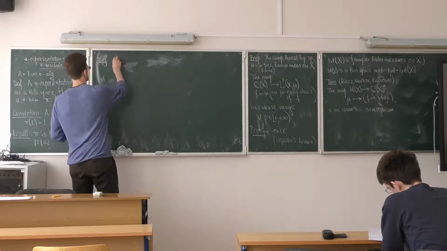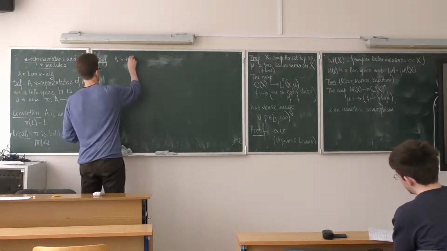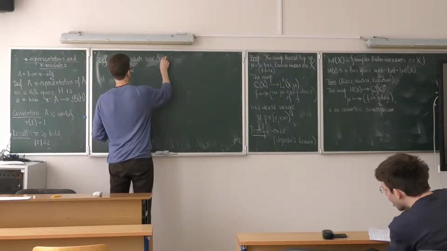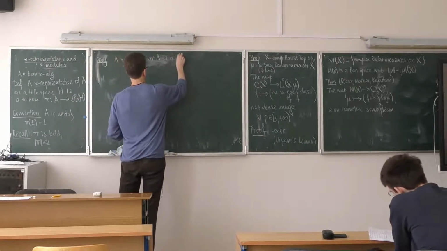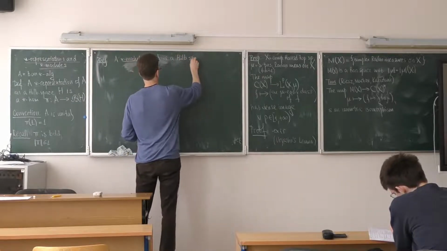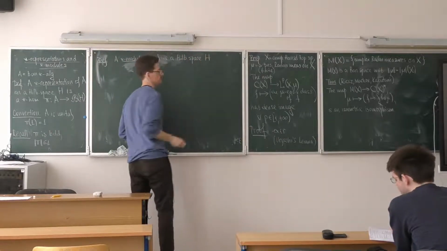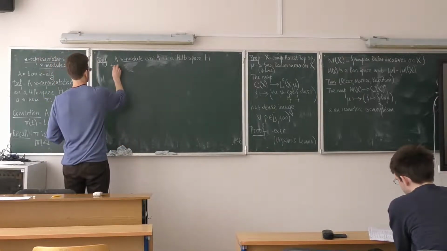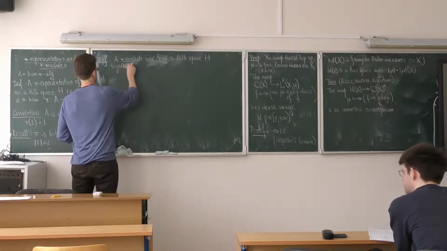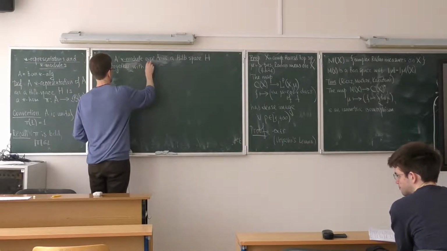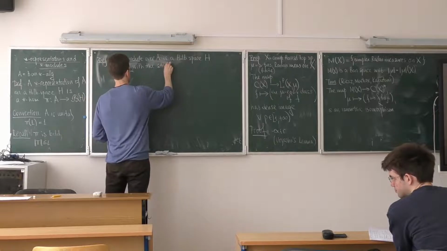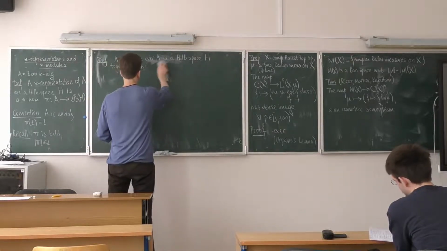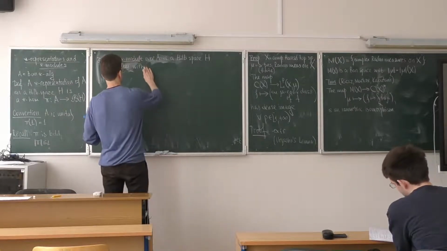So by definition, a star module over A is a Hilbert space H together with the structure of a left A module.